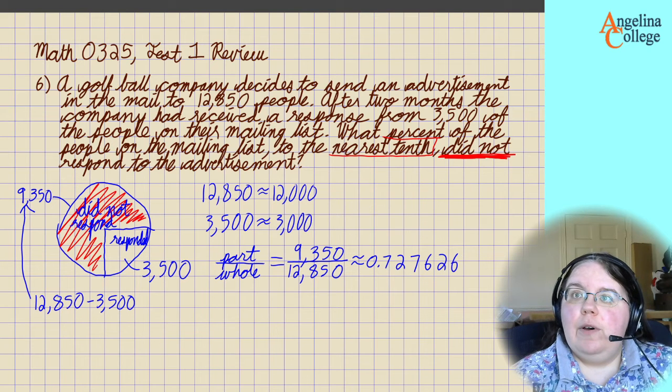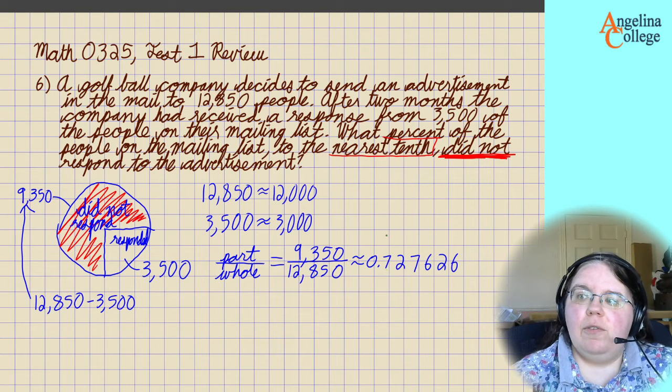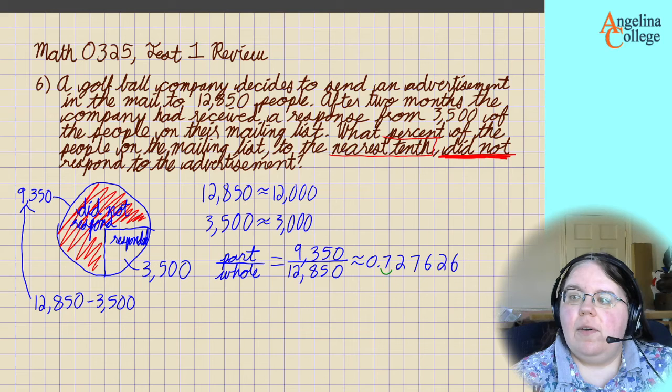So remember, to go from a decimal to a percent, we multiply by 100 because percent is hundredths. That can be accomplished by moving the decimal point 2 places, or you can just do it in your calculator. So that gives us 72.7626 etc. percent.